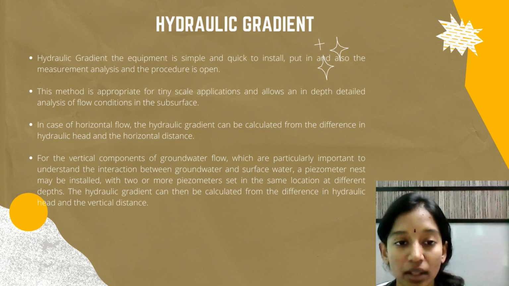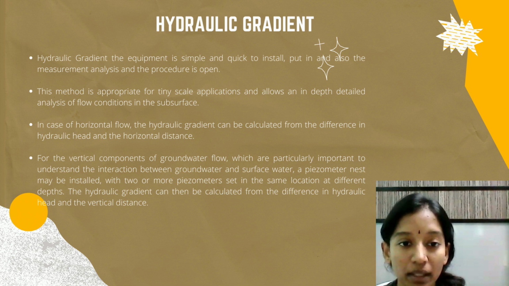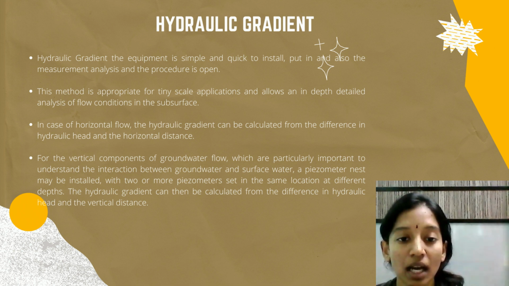Hydraulic gradient. The equipment is simple and quick to install, and the measurement analysis and procedure are open. This method is appropriate for small scale applications and allows an in-depth detailed analysis of flow conditions in the subsurface. In the case of horizontal flow, the hydraulic gradient can be calculated from the difference in hydraulic head and the horizontal distance.